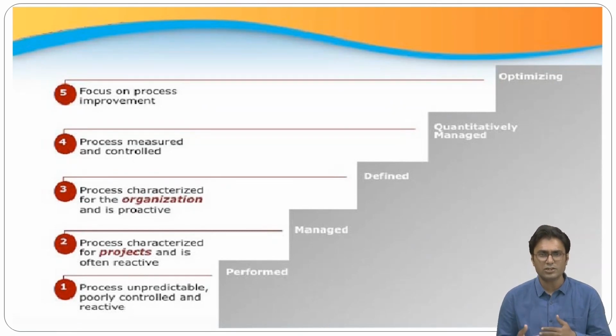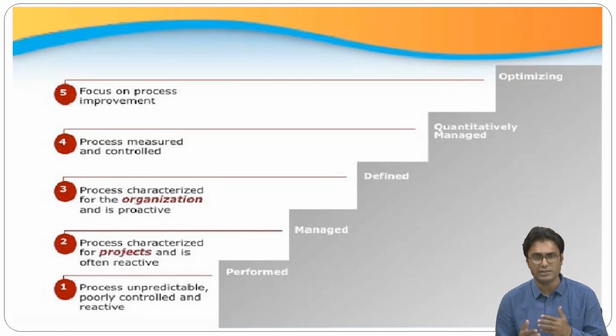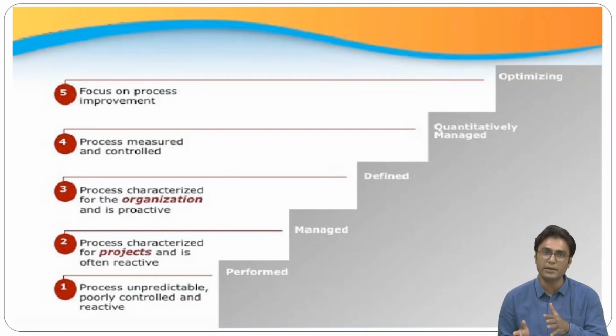Such organizations often produce products and services that work. However, they frequently exceed the budget and schedule of their projects. Then characteristics of such organizations are a tendency to overcommit, abandon processes in the time of crisis and not be able to repeat their past successes.